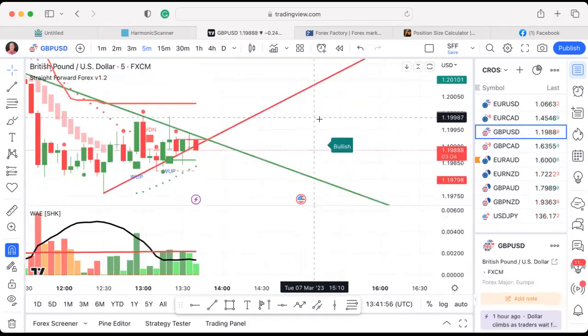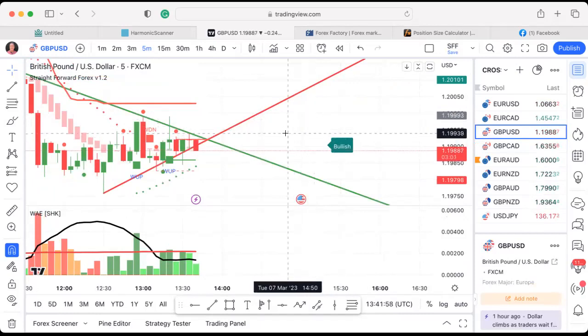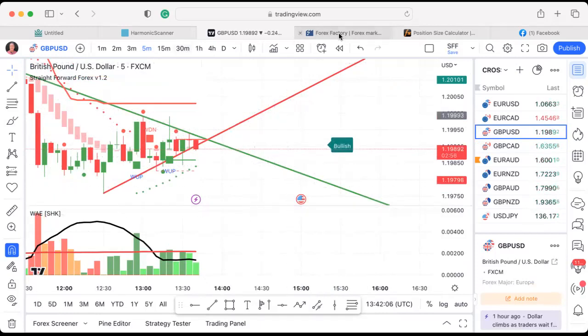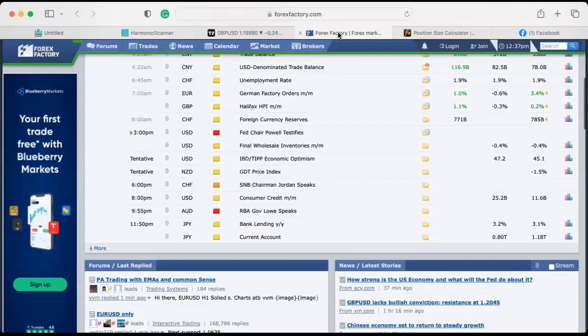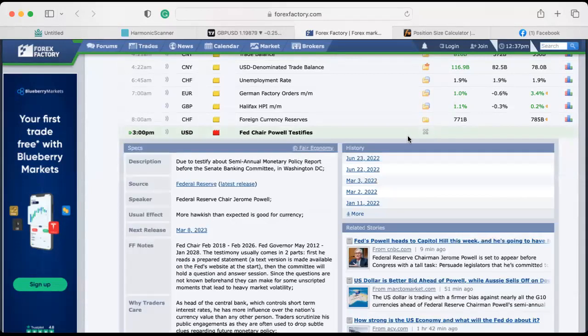I'd say there seems to be a lot of stagnation at the moment on all pairs. Yeah, if you look at Forex Factory and you click on that folder, it says high impact and expected. It will give you some information, such as due to testify about semi-annual monetary policy, and so on.